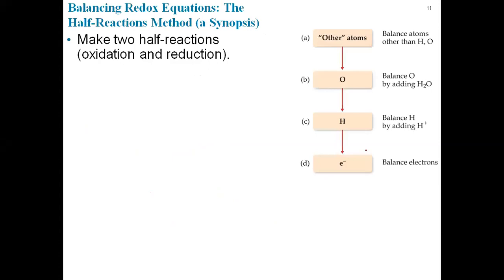Okay, so this table gives us a synopsis of how to balance an equation using the two half reactions. If I give you a redox reaction and you want to balance it, usually you decide in that given equation what is the oxidation half, what is the reduction half, and also what kind of environment you have.